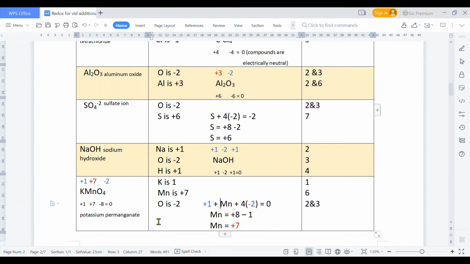So it is electrically neutral. Next is potassium permanganate. Potassium is +1. This you have to follow rule number 2.